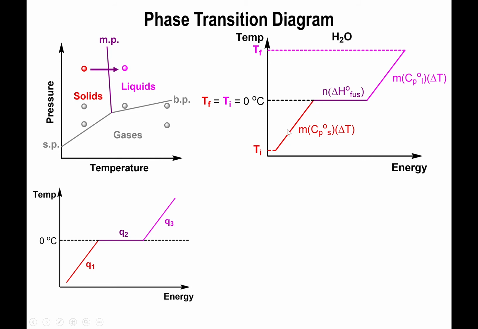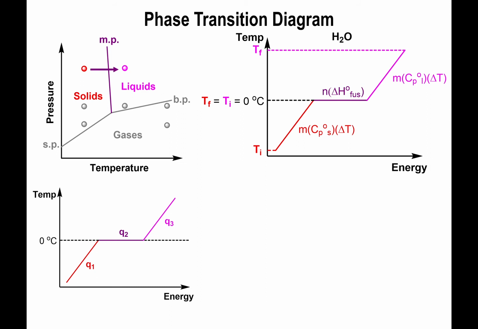So if we are below the melting point, this has to be the heat capacity of the solid, represented by little s. If we are above the melting point, but below the boiling point, this has to be the heat capacity of the liquid. And it's very important that you pick the right heat capacity for the corresponding state, because these numbers are not the same. And in some circumstances, they can be twice as large as each other.